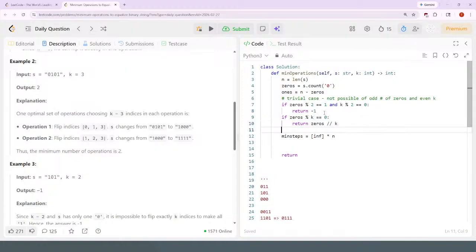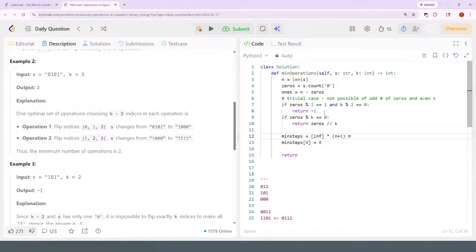So each operation just removes k zeros. Min steps of 0 equals 0. I think it's actually this should probably be n plus 1. Guess this kind of does work with dynamic programming then.